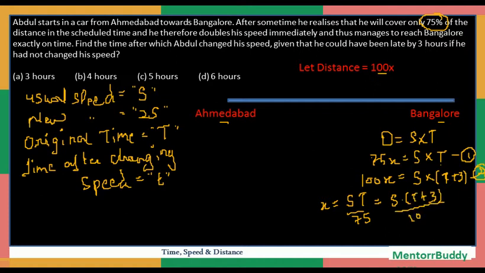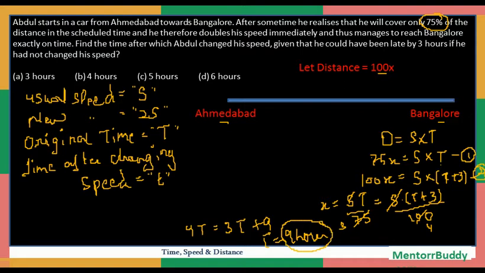Solving, cancelling s, this will be 25 3 times and 25 4 times. So this will become 4t is equal to 3t plus 9. Solving this, t will be equal to 9 hours. So 9 hours is the total time taken by the man to complete the journey at the usual speed.